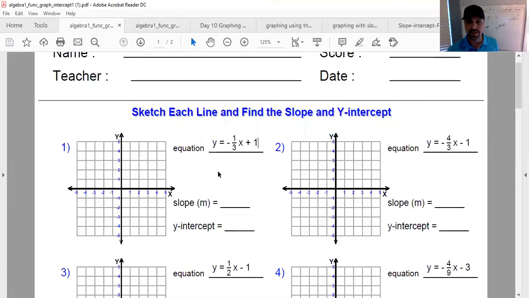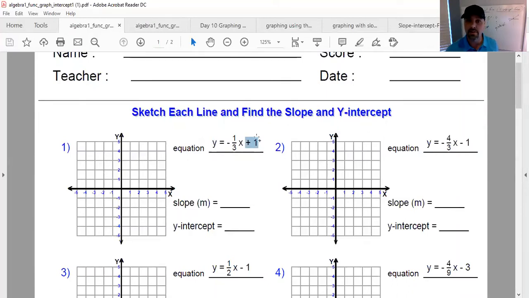Starting with the slope, the m, the slope is attached to the x. So in this case, the slope would be a negative 1/3. You would write that here. The y-intercept is always kind of hanging out here at the end, plus or minus, or it could be not there at all, which in that case would be 0.